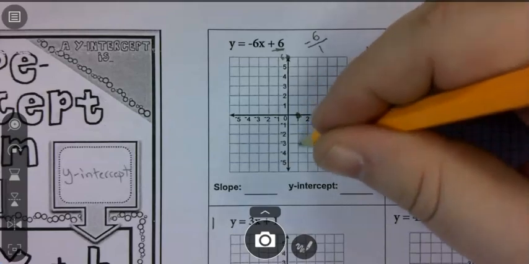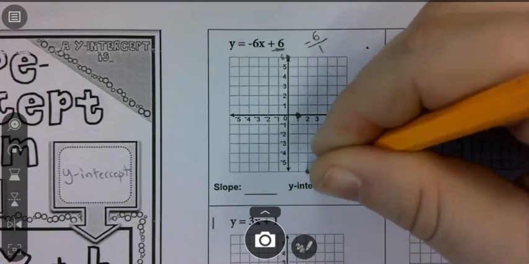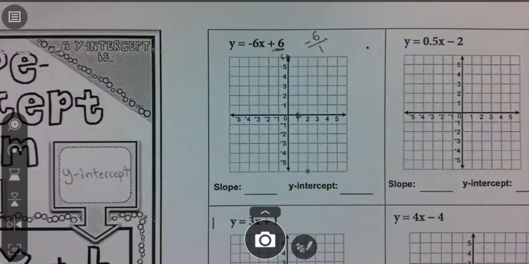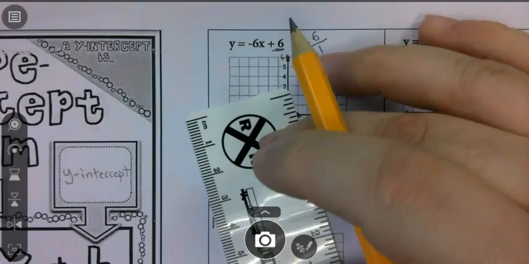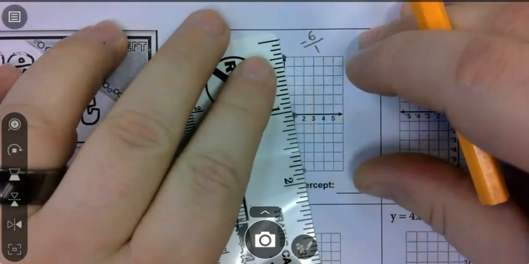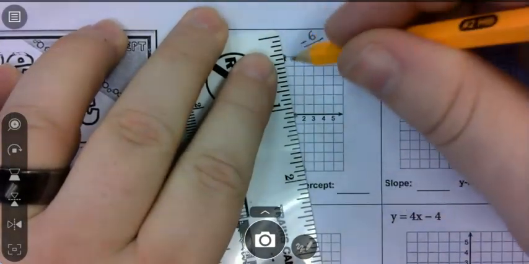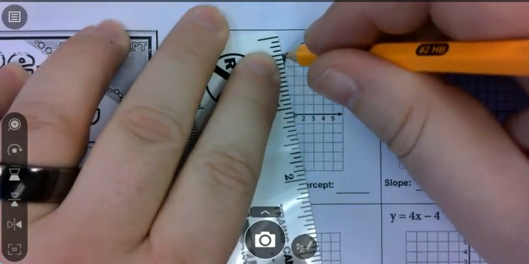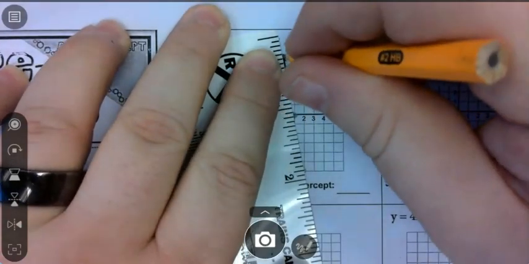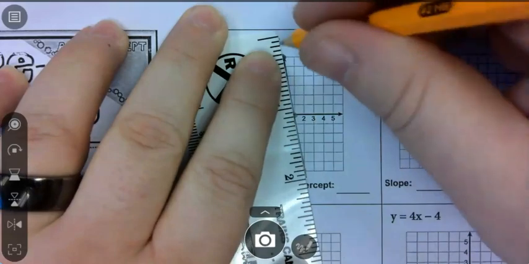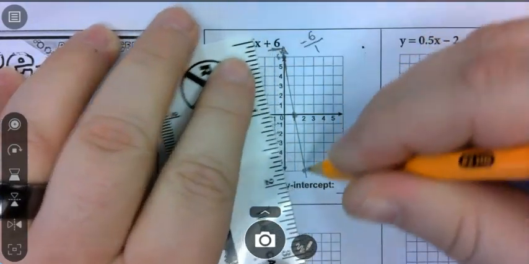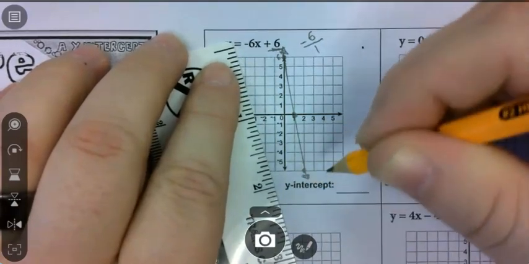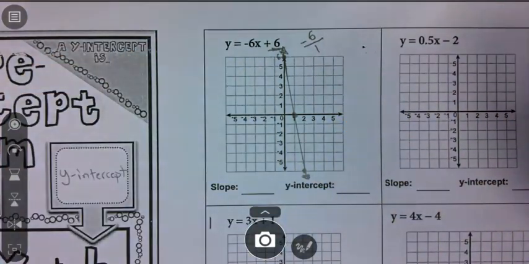And I can repeat that: 6 and 1. I'm doing that because my directions say to do that because I have a negative slope. And with that, I can go ahead and draw my graph. I'm going through those points, giving it arrows indicating that this line continues in both directions forever.